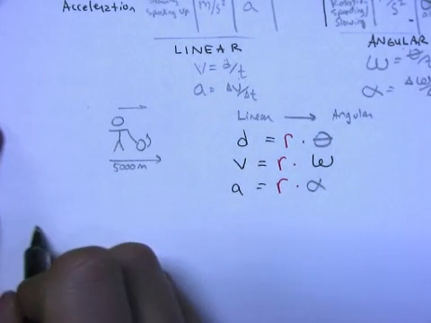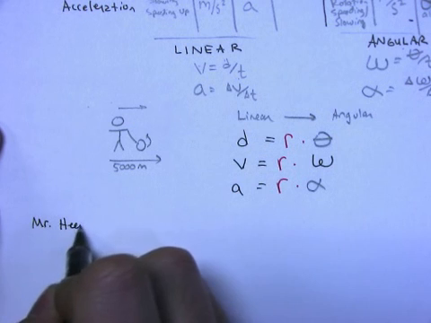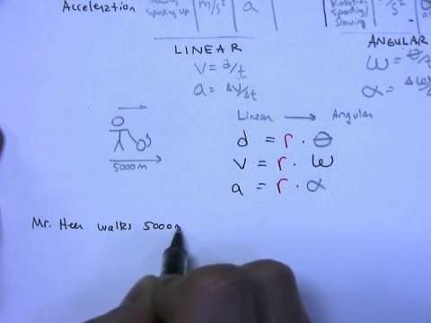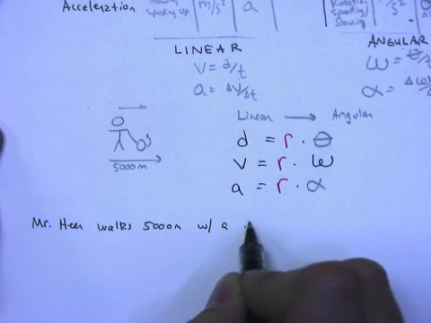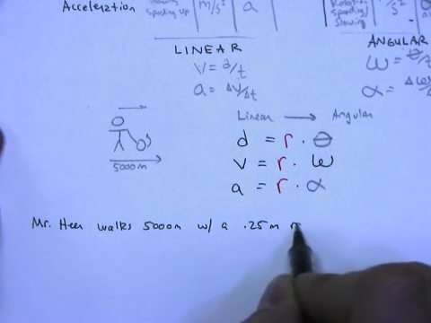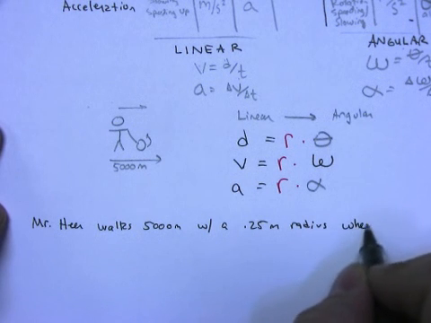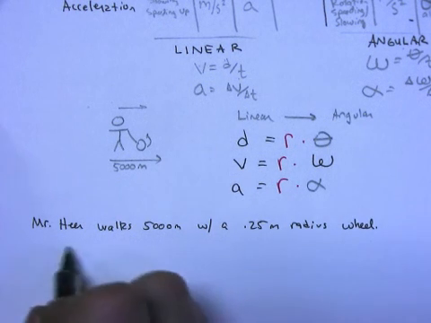Mr. Hare walks 5,000 meters with a 0.25 meter radius wheel. How many times does it turn?